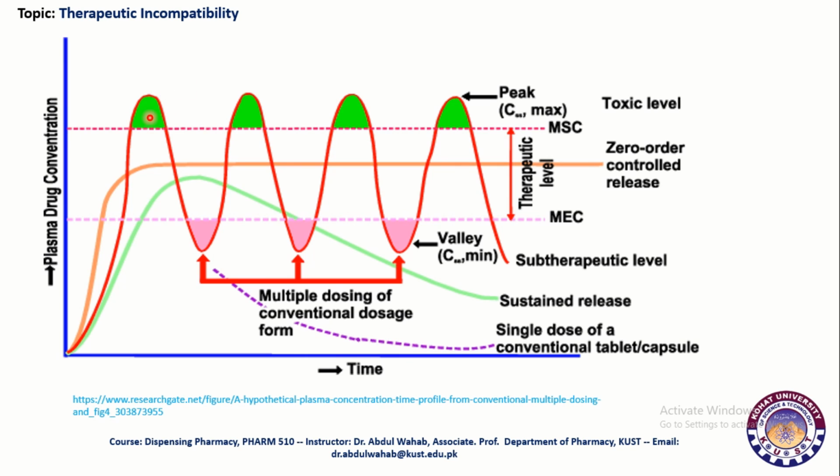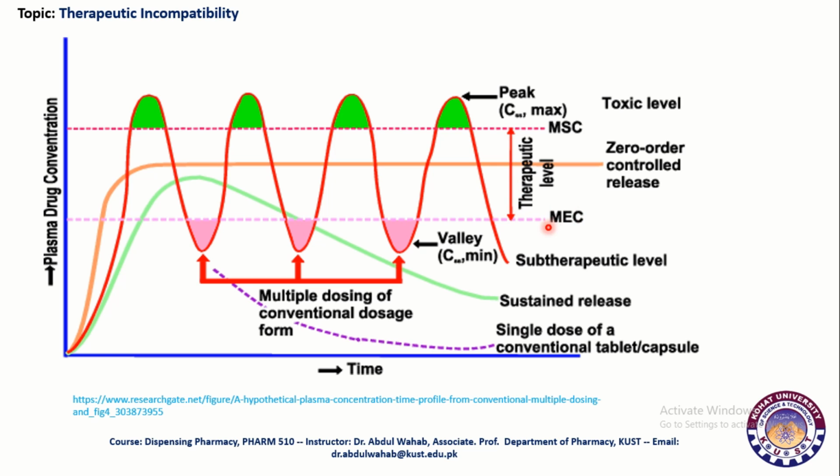As you can see in this graph, it is plasma concentration versus time. This is a conventional dosage form with multiple dosing. This is the subtherapeutic level, and this is the therapeutic level.